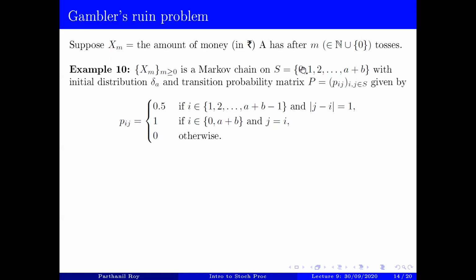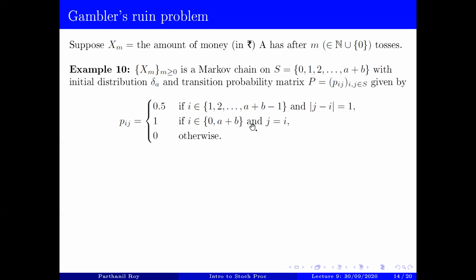On the other hand, if you are at one of the terminal values, either at 0 or at a plus b, then you've already reached the final value because either you are ruined or your opponent is ruined. In either case, this Markov chain is not going to move at all. So if i is either 0 or a plus b, then P_ii would be 1. The Markov chain will just stay put at that value, the game will stop essentially, and no other transition is possible.